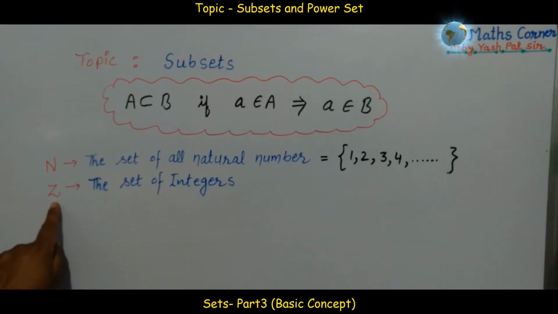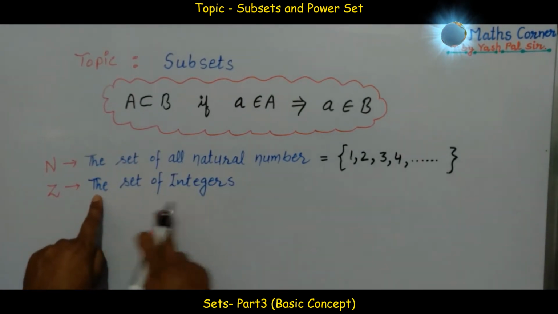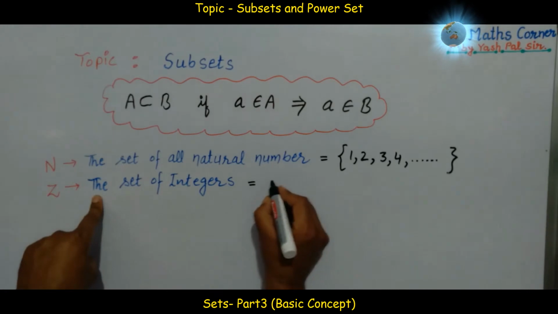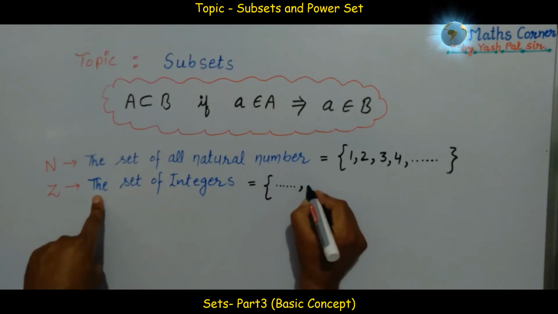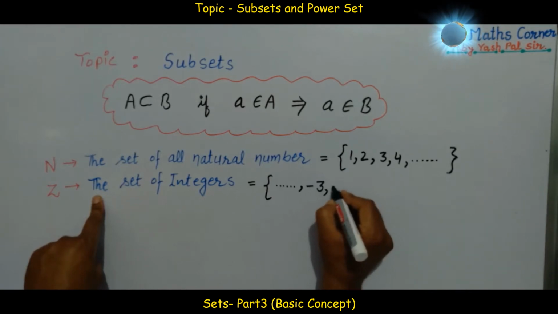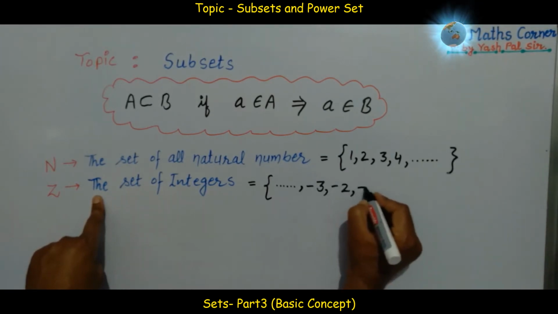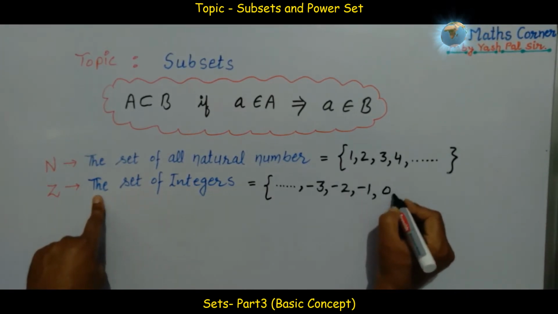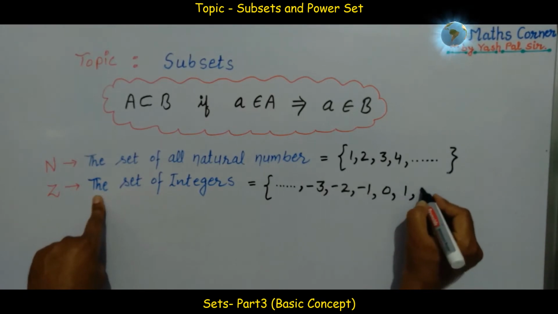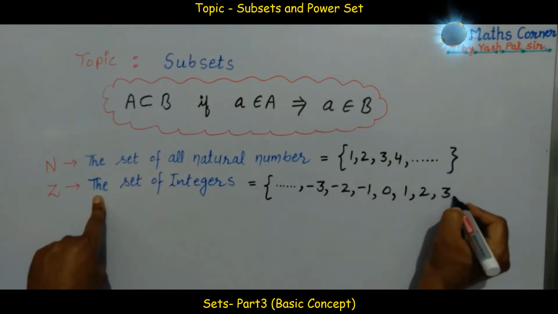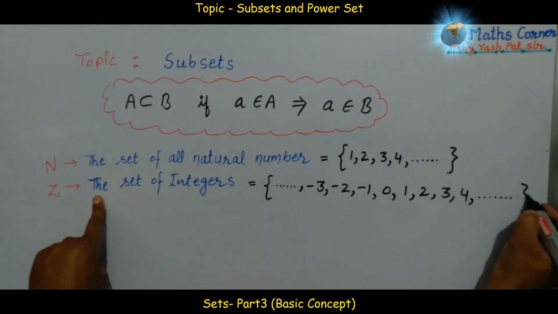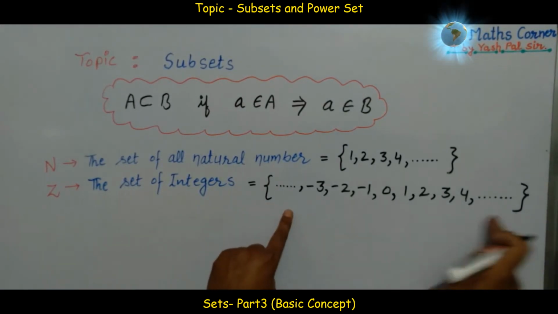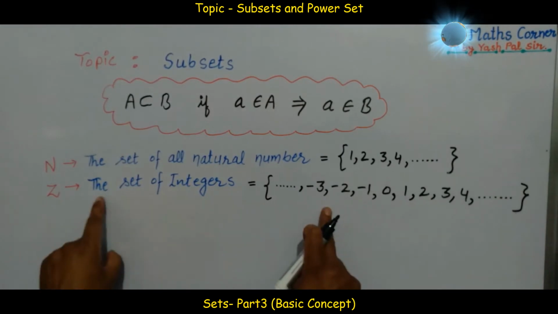Z means the set of integers, or we can say ..., -3, -2, -1, 0, 1, 2, 3, 4, and so on. All these numbers inside the curly bracket represent the set of integers.